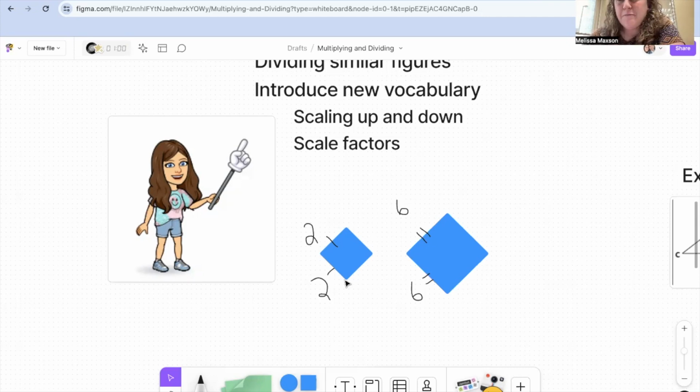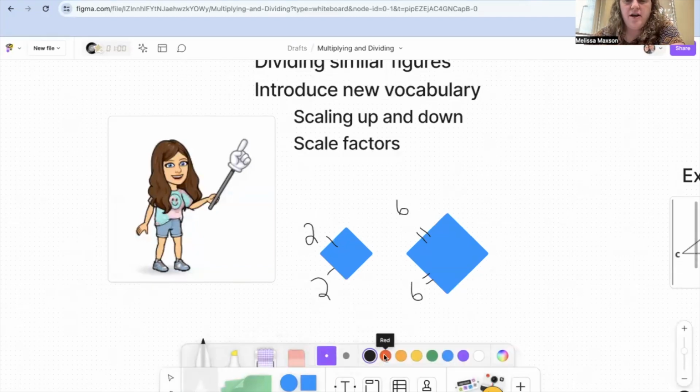There will be some type of measurement, but to keep things pretty vague for right now, we're going to start with just our side lengths being 2. And then if you take a look over here at our next one, you'll notice that our side lengths are now 6.